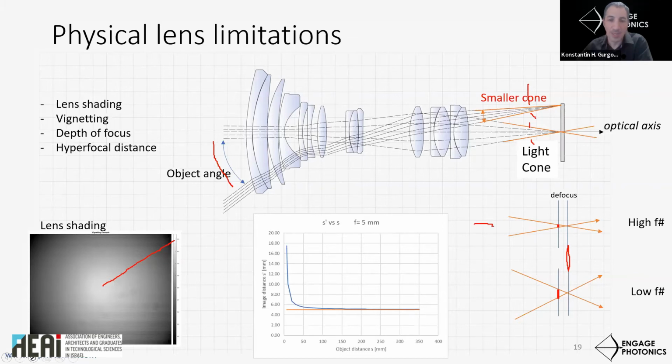This imager has a high f number, smaller cone, and this imager has a lower f number, a much wider cone of light incoming at the image sensor. So you can see that if the image sensor is defocused to this position, then the blur spot is much smaller for the high f number lens than the low f number lens.